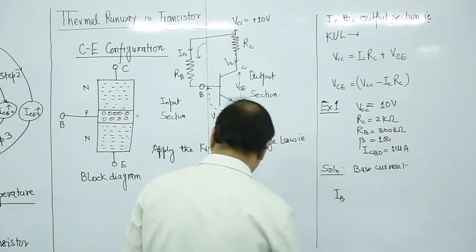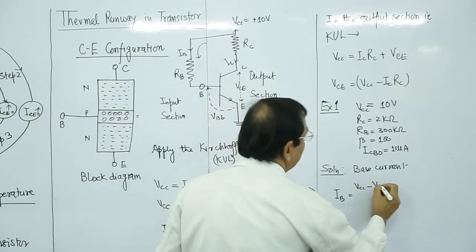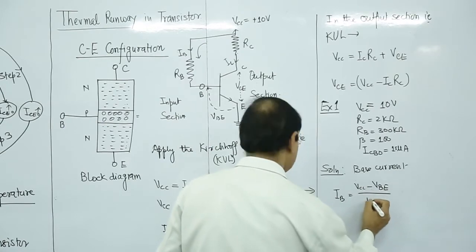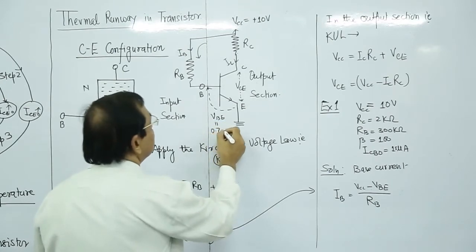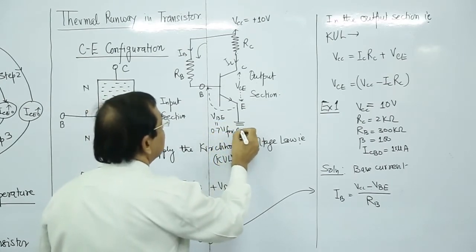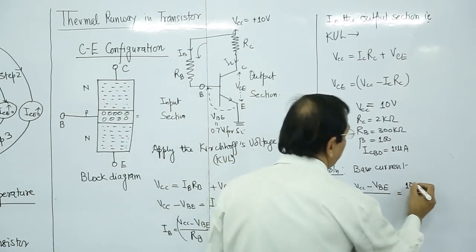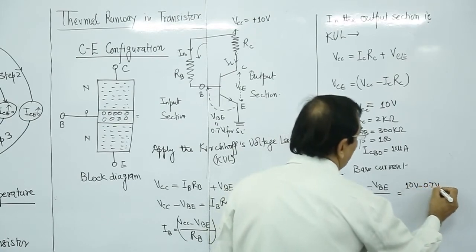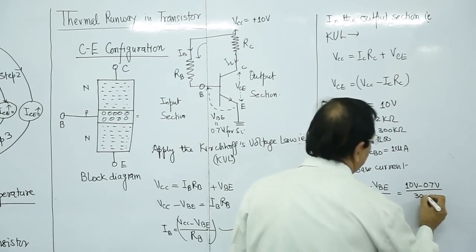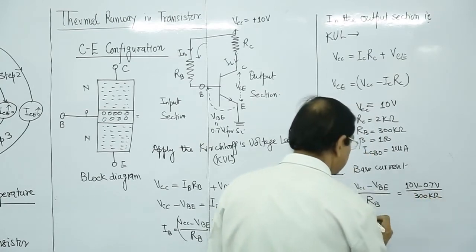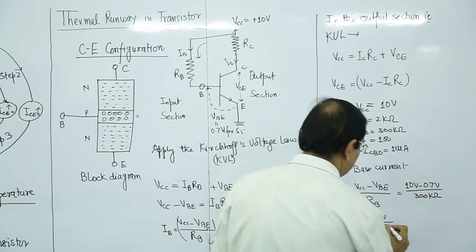IB is equal to, we take this from here, VCC minus VBE upon RB. This value of VBE is 0.7 volt for Si, silicon material. So by substituting, 10 volt minus 0.7 volt upon RB. RB is how much? It is 300 kilo ohm. So this is 9.3 volt upon 300 kilo ohm.